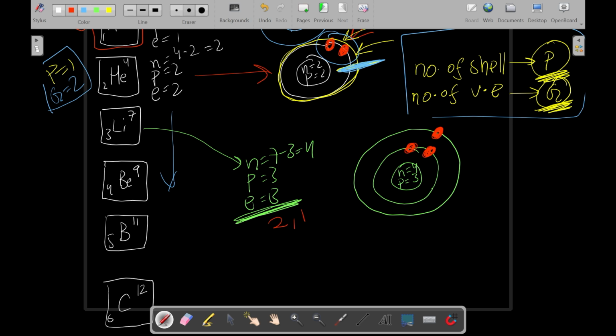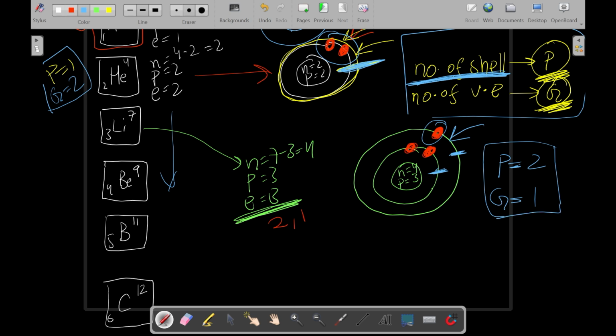Now, as for this rule, you can clearly see you've got two shells. So the period is going to be 2 because the number of shells is two. And the group is going to be 1 because in this valence shell, the last shell, you've got this one valence electron. So this is how this rule is applicable.